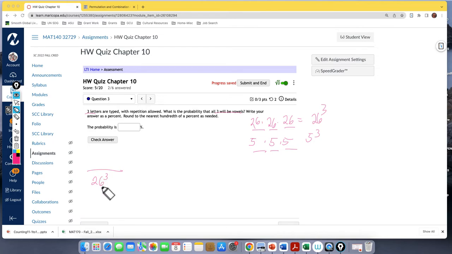So you'd have your 26 to the 5th, and then 5 to the 5th. The number of letters you're going to see, that's going to be your exponent when we have repeats, and then you just carry out the calculation. But notice it's just a little simpler, 5 raised to the 3rd power, than having to either count it or write multiple.